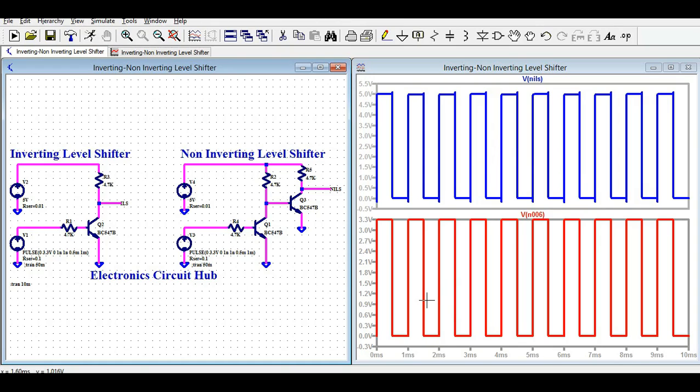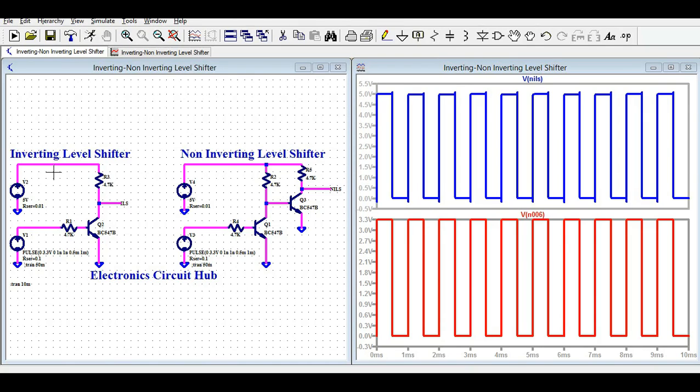But in this case your input and output are in the same phase. They have an amplitude difference, but the phase is the same. If your input signal is high, your output signal is high, and if your input signal is low, your output signal is low. So this is the difference between the inverting and non-inverting level shifters.